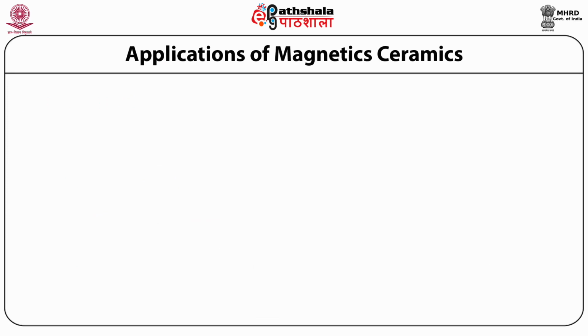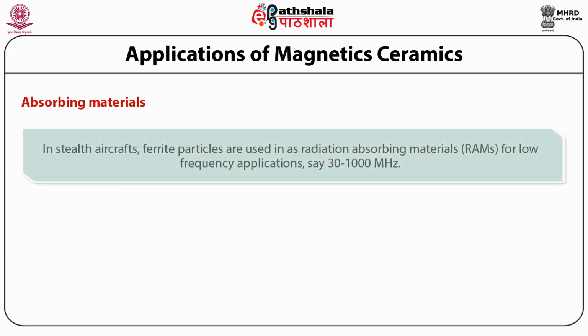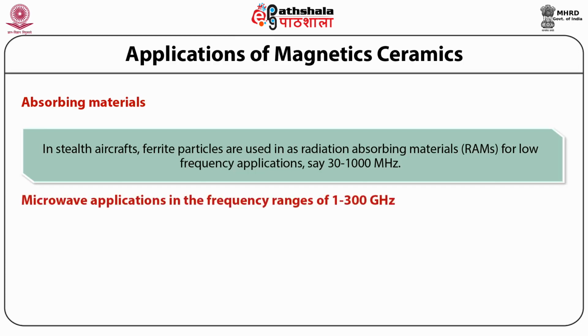Next type of application is use as absorbing material. In stealth aircraft, ferrite particles are used as radiation absorbing materials for low frequency applications such as 30 to 1000 MHz. Now, the final application is the microwave application in the frequency range of 1 to 300 GHz.